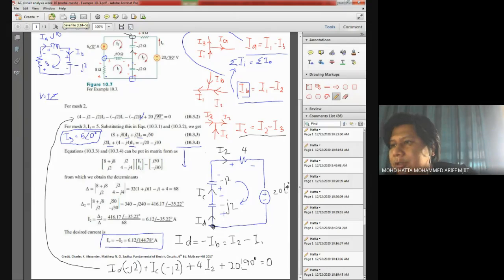If you look at the solution that I showed you just now, the mesh analysis strategy, we already discussed this during the first half of our semester, during the DC circuit analysis. However, the difference in applying that knowledge to this kind of situation is that this AC circuit involves complex numbers.